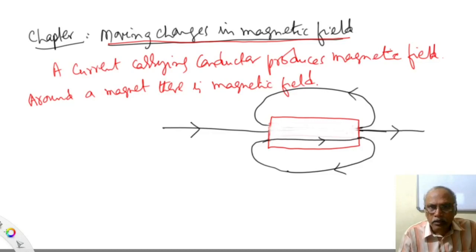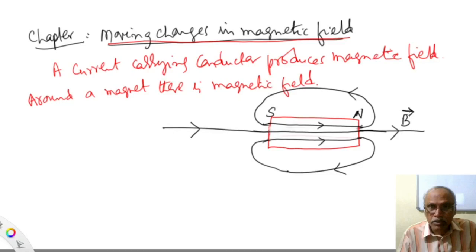One side is the north pole, and the other side is the south pole of the magnet. Magnetic lines inside go from south to north, and outside they go from north to south. Magnetic field is represented by letter B, and it is a vector quantity.